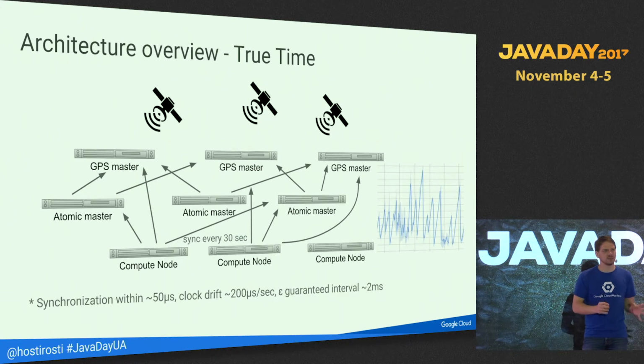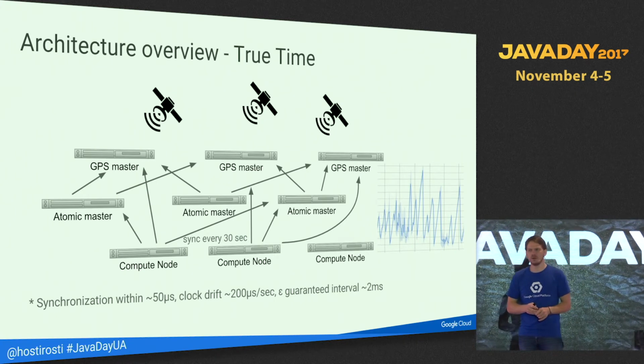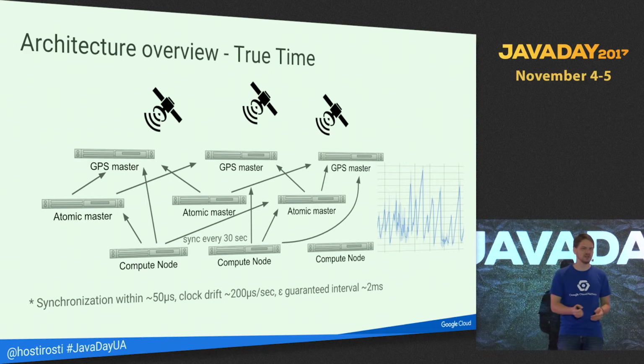So to minimize this epsilon, we installed a bunch of hardware in all our data centers. So we have a set of atomic clocks all over in our data center, and we have GPS time masters. So we have atomic time masters and GPS time masters. Now with the GPS time master, we can synchronize around the globe with a small epsilon, and then we use the atomic clocks to basically keep that drift low inside our data centers as well.